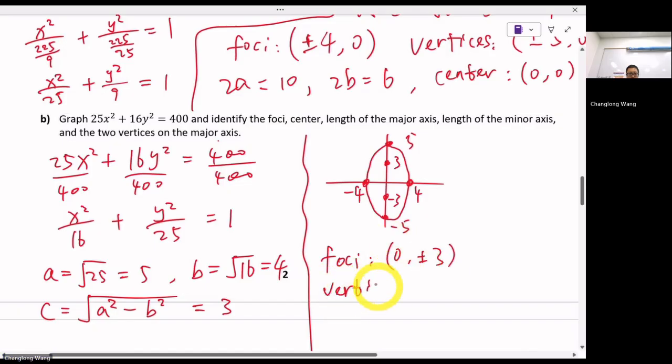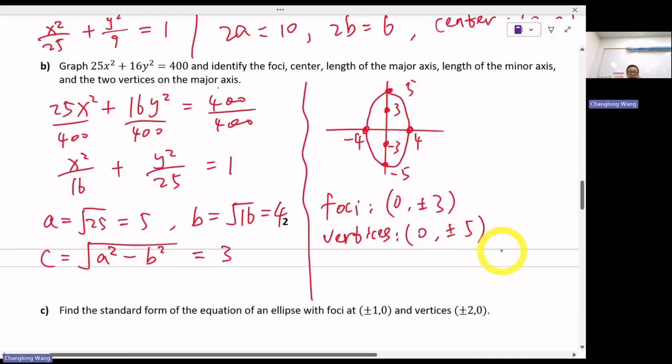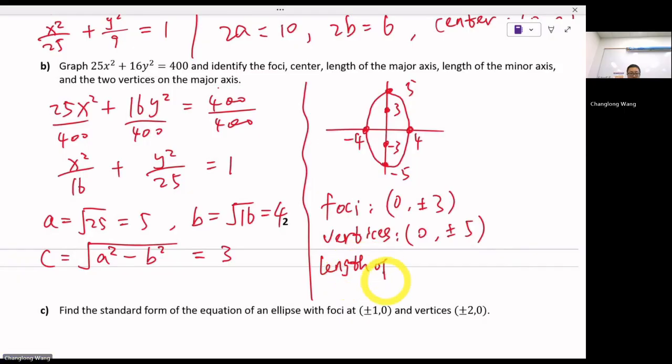Vertices, 0 plus or minus 5, right? And again, the length of the major axis. So let me not get too lazy. Length of major axis, which, as you know, is the same as 2a, right?